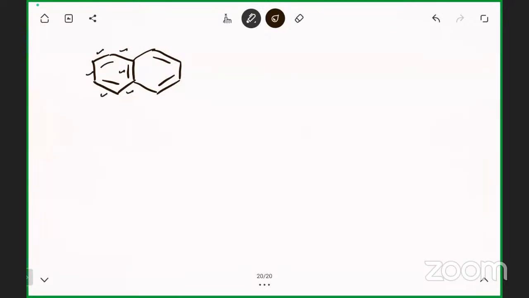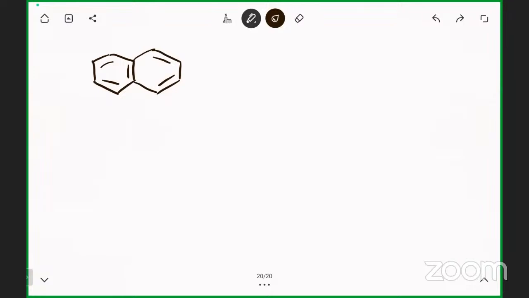And if I go like this, double bond, single bond, double bond, single bond, double bond, single bond. So the conjugation is present in the compound. If the conjugation is present, then we'll move further. The compound is cyclic, it has conjugation, sp2 hybridized carbon is present. And the third thing you have to check is that it should have planarity. Right now, the compound I'm using is all planar.